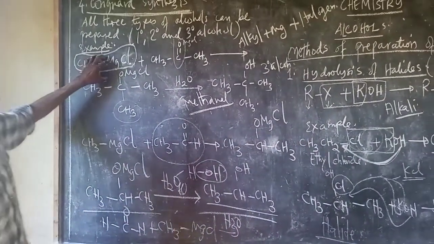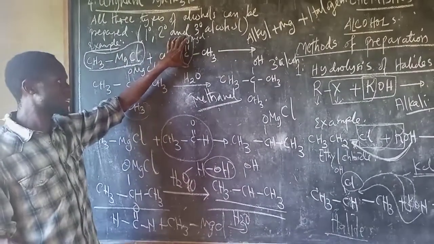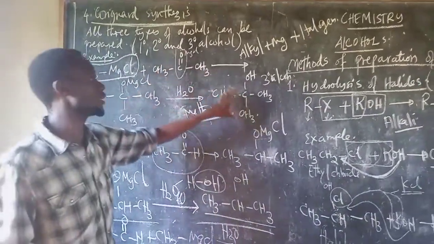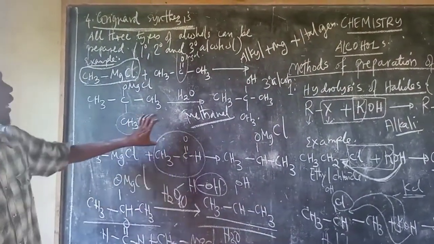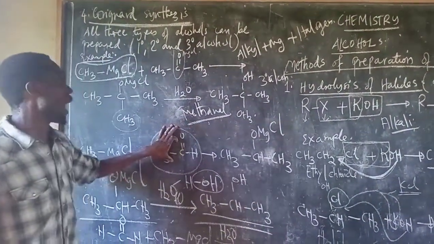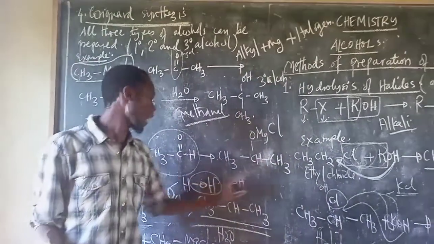If the Grignard reagent reacts with a ketone, they form what we call a tertiary alcohol. And when the Grignard reagent reacts with aldehydes different from formaldehyde, they form what we call a secondary alcohol.